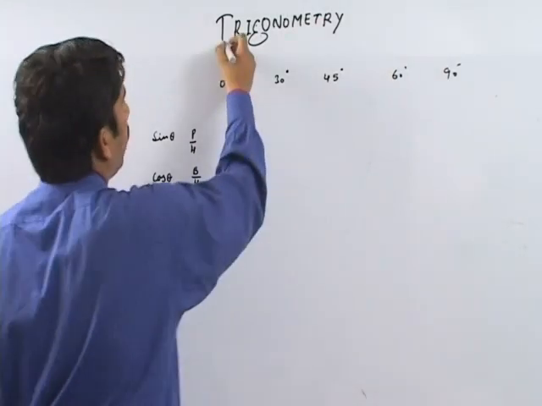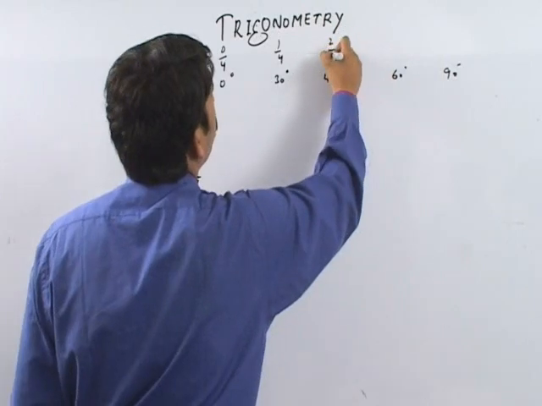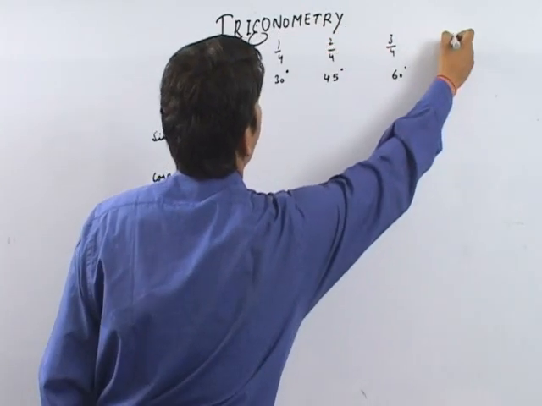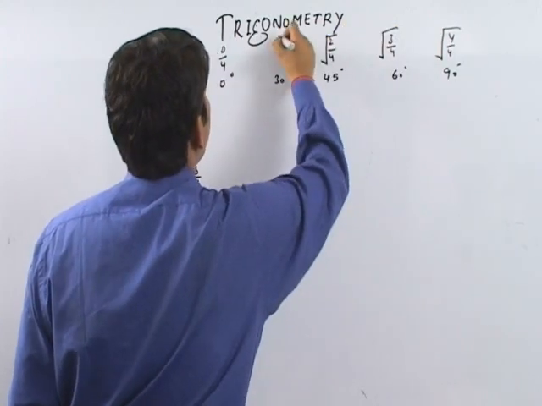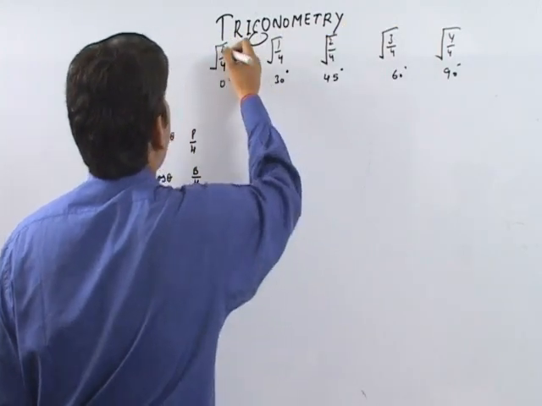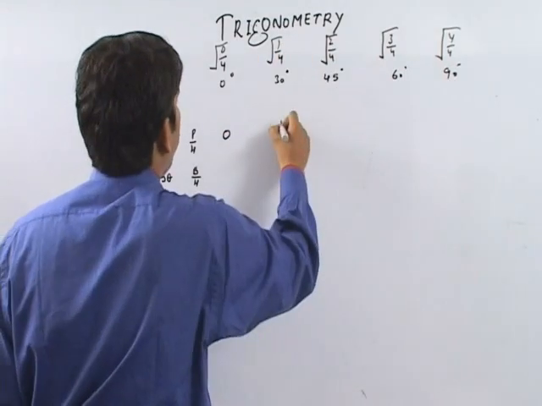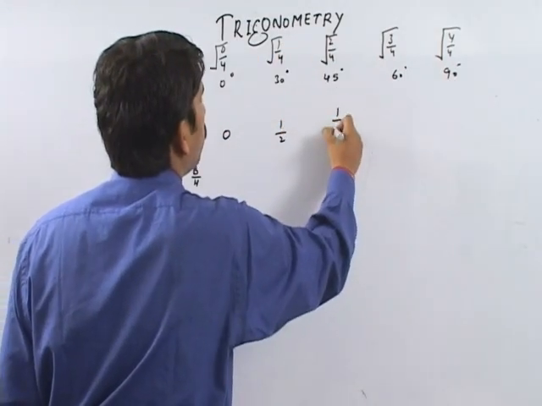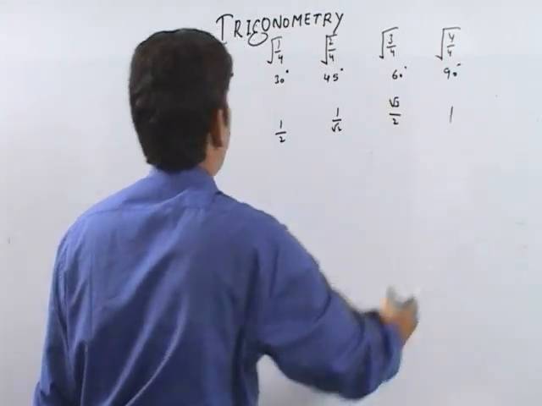You can remember this thing by 0 by 4, 1 by 4, 2 by 4, 3 by 4, 4 by 4, and taking under root of all these things, this will become 0, this will be 1 by 2, this will be 1 by root 2, this will be root 3 by 2, and this will be 1.